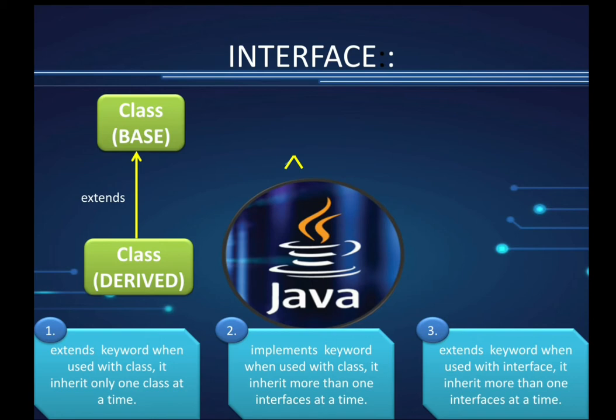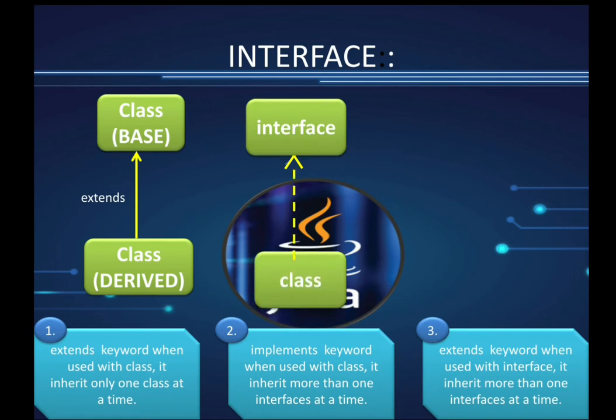Number two, when we are using implements, when we are dealing with an interface, the implements keyword, when used with a class, inherits more than one interface at a time. How? We have an interface, we have a class, and when we inherit the interface in a class, we have a dotted line over there.